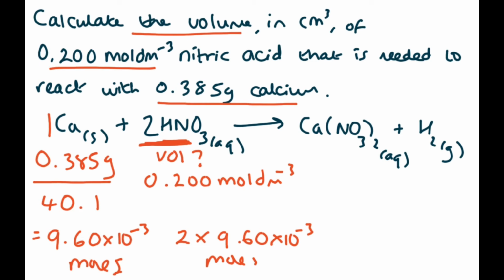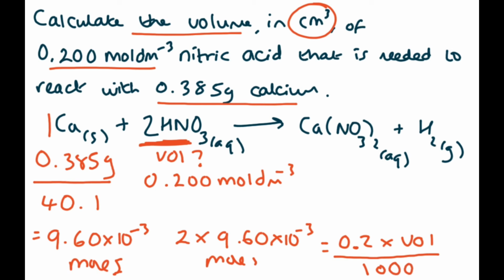We need to find the volume, so we've got the concentration times the volume, and it says find the volume in centimeters cubed, so we need to divide by 1,000. Okay, so let's rearrange this equation.